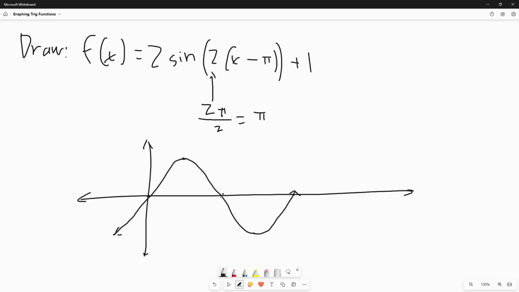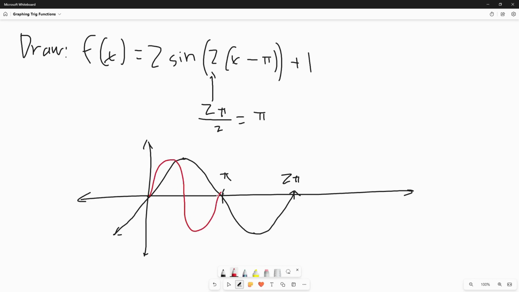Like this. And since the period is now pi, where the period usually is 2 pi, this is going to be squished into here, this is going to be squished into here. So everything is going to be squished to like half. I don't know how to explain it well, but I'll just draw it like this.